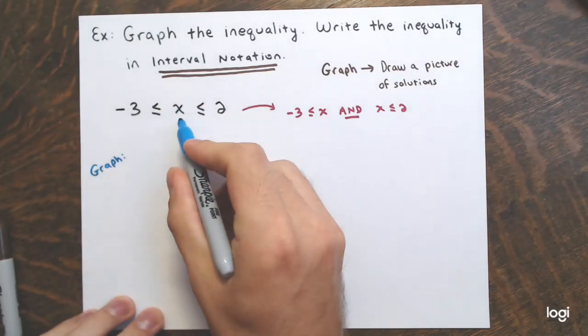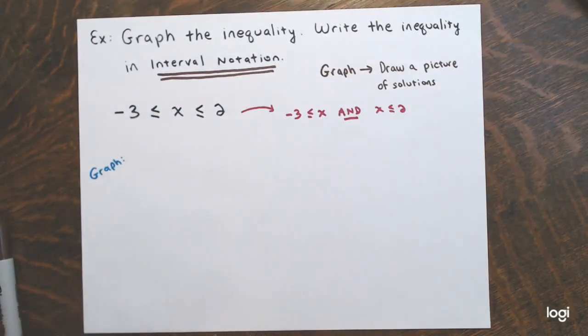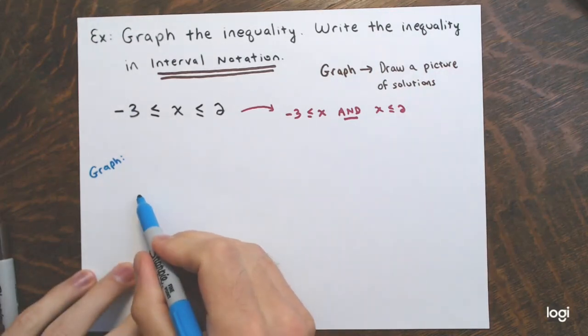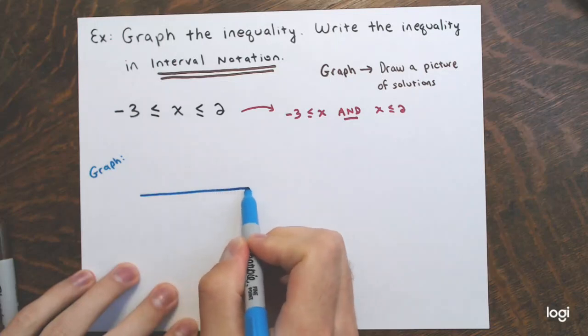Now there's a single variable here, usually that indicates that we're going to be working on a single number line. So here's a representation of the real numbers, the real number line.